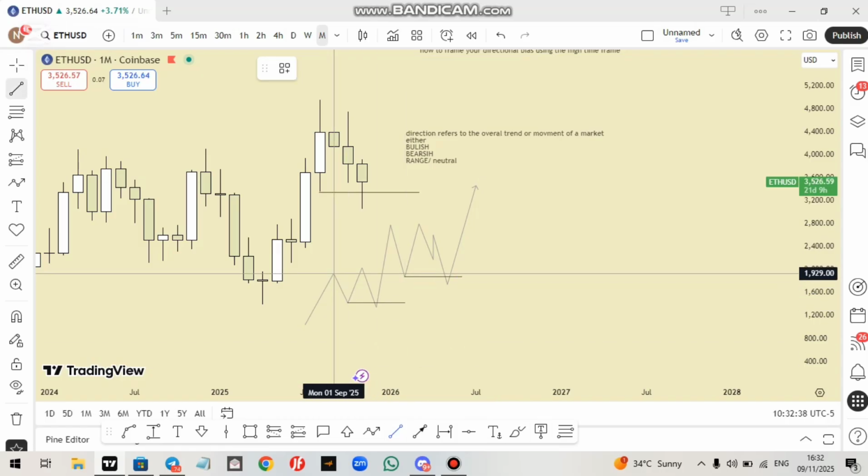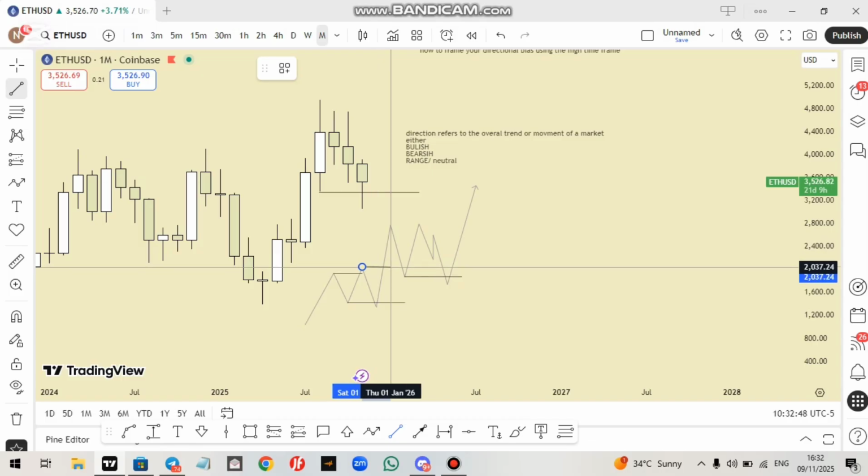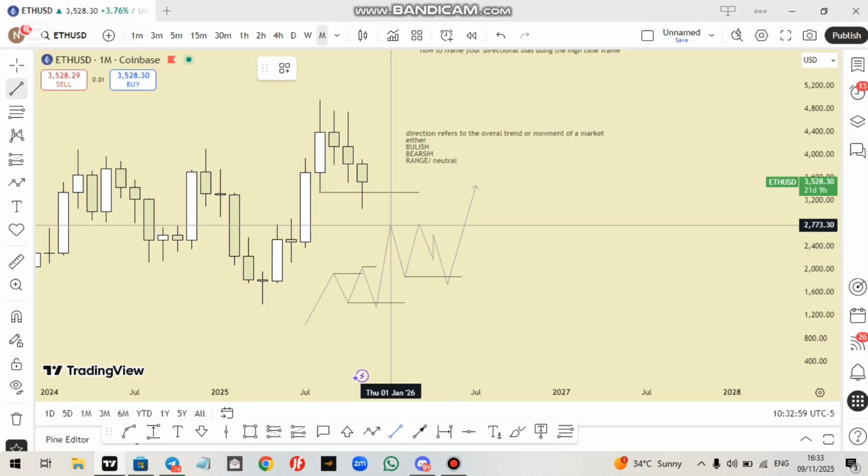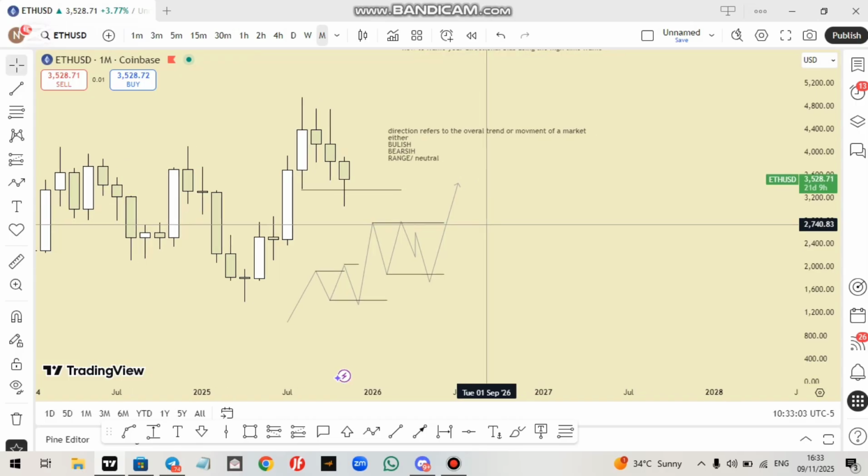These are breaks of structure. You all know break of structures. Price breaking structures, rejecting below lows, breaking above highs. These are the signs of a bullish market.